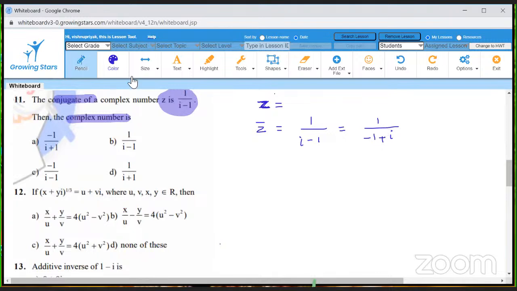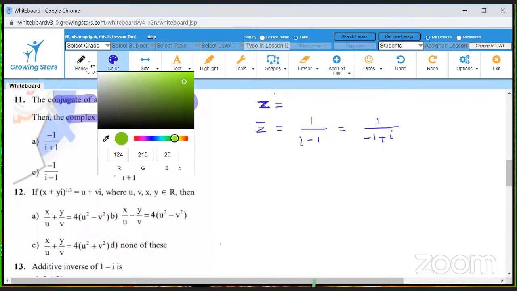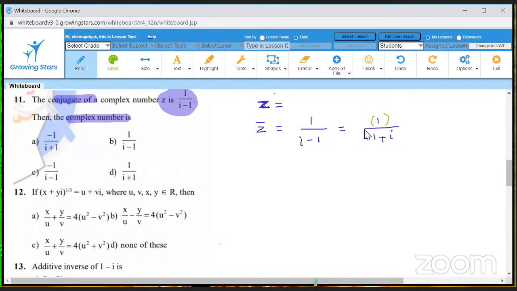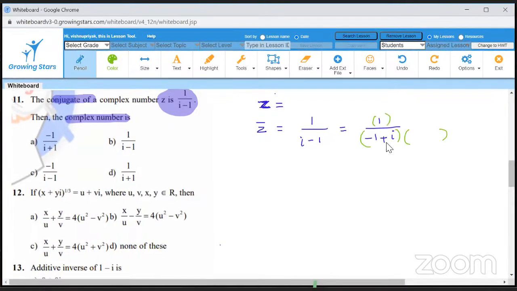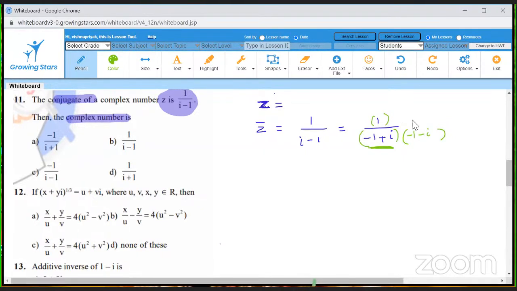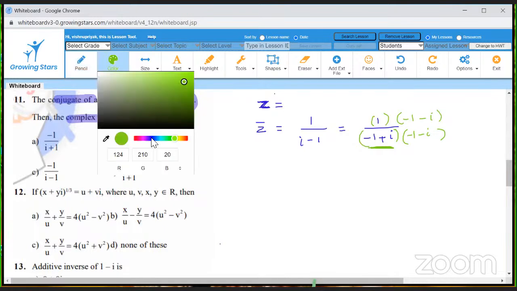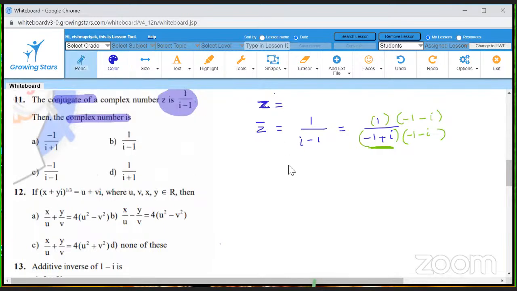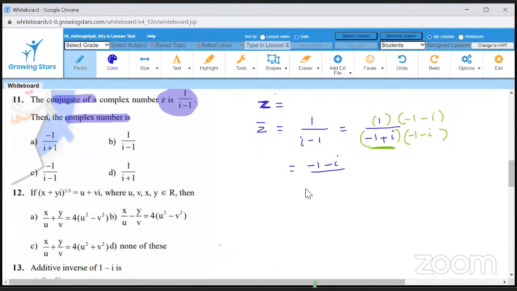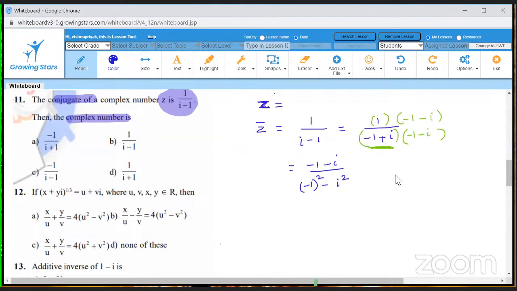Because it is a division sum, always for a division sum, multiply up and down by the conjugate of minus 1 plus i, which is minus 1 minus i. You have to multiply like this.